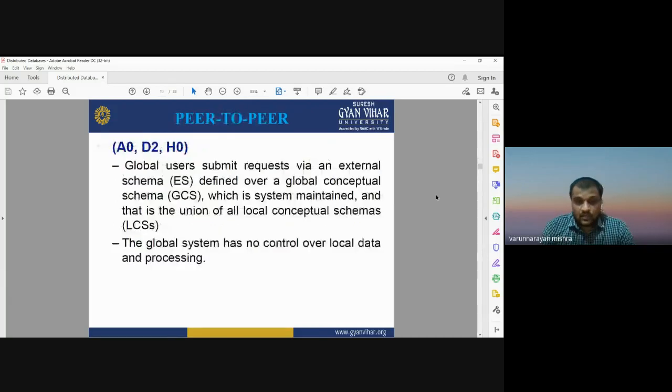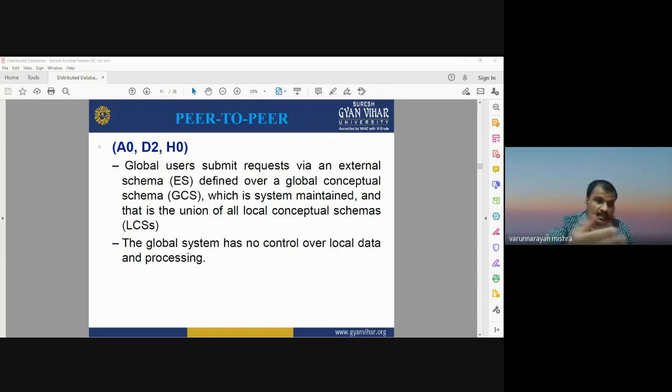Now second is peer to peer, which means you are distributing your database with only a single user. This kind of process is known as peer to peer. It is indicated by A-0, D-2, or H-0.